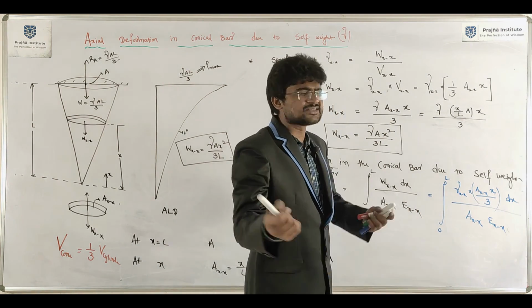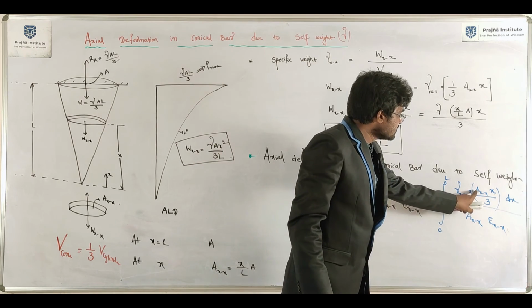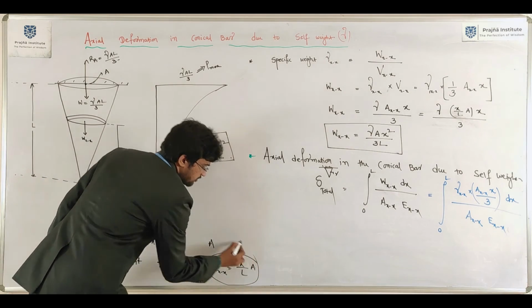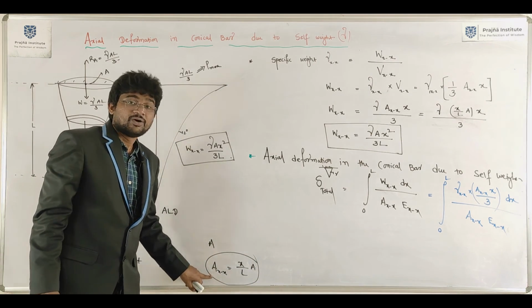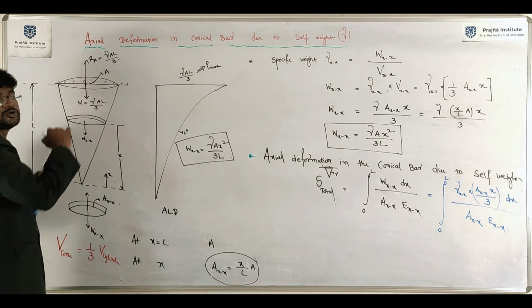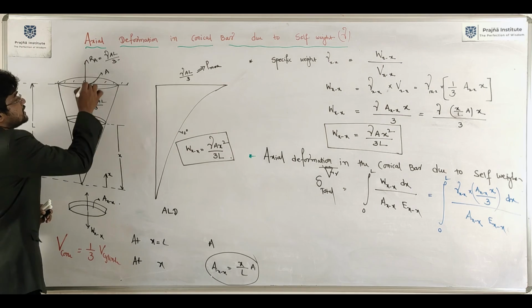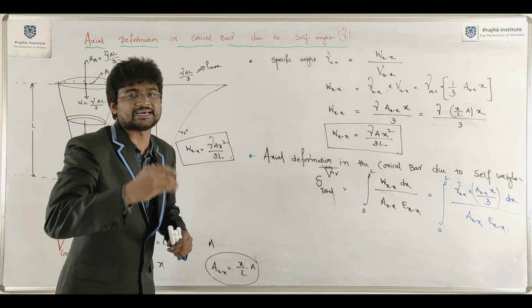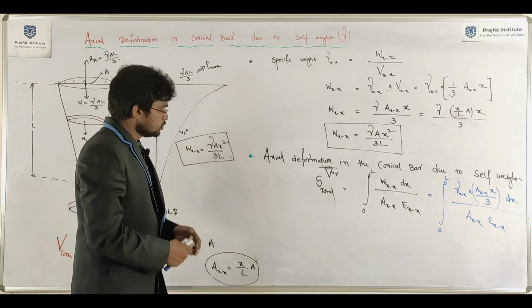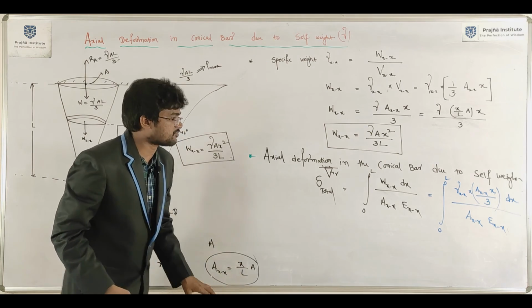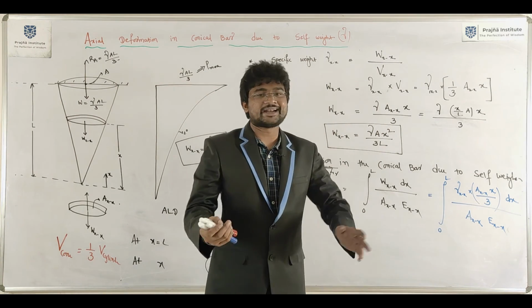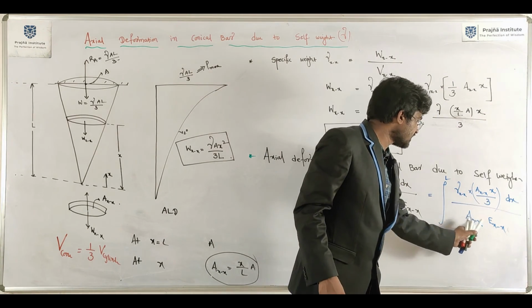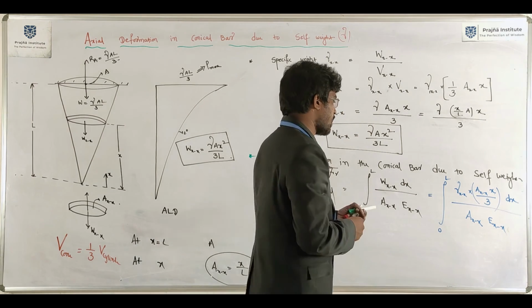Directly cancel it, or else you can write A_x in terms of A x by L in both cases and then cancel. Here A_x is variable, continuously varying from here to here. Here area of cross section is 0, here it is A, the maximum area of cross section, or area at the fixed end. Nothing wrong in that.